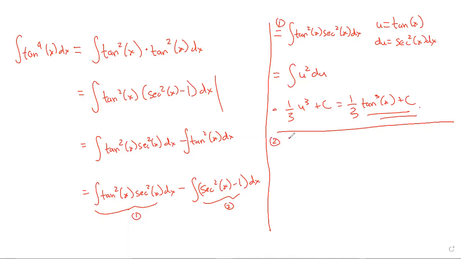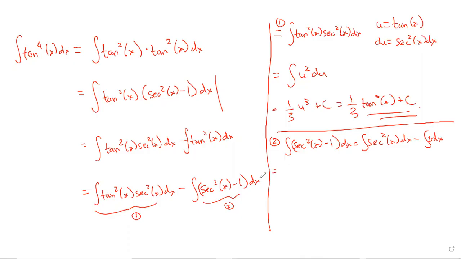For the second integral, we have secant squared x minus 1 dx, which is equal to the integral of secant squared x dx minus the integral of 1 dx.